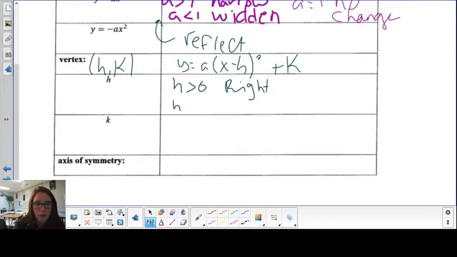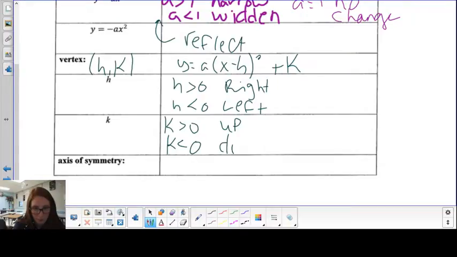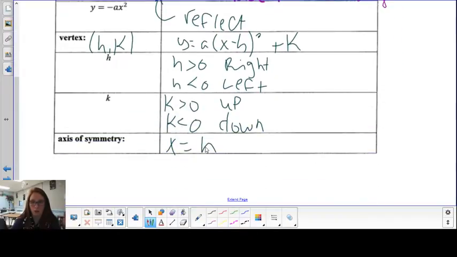If my h is less than 0, it goes to the left. If my k is greater than 0, it goes up. If my k is less than 0, it goes down. And again, my axis of symmetry is x is equal to h. So we're going to use this material to describe what's going on with my graph, and we're also going to graph it.